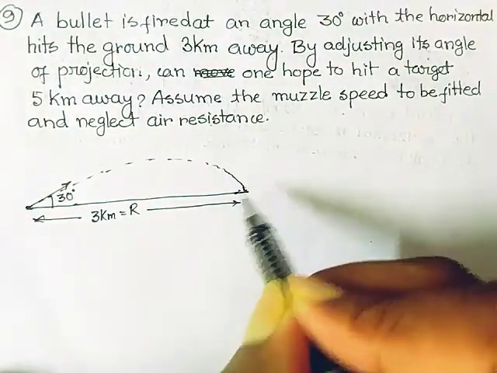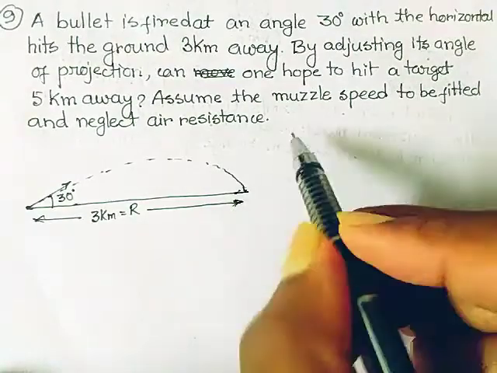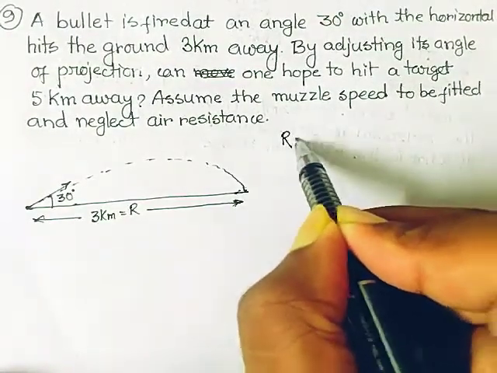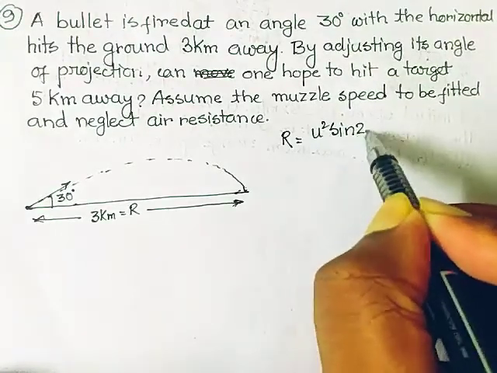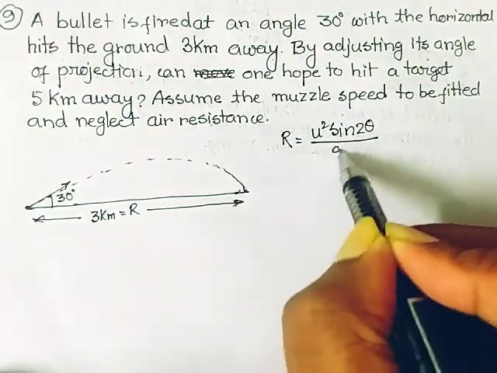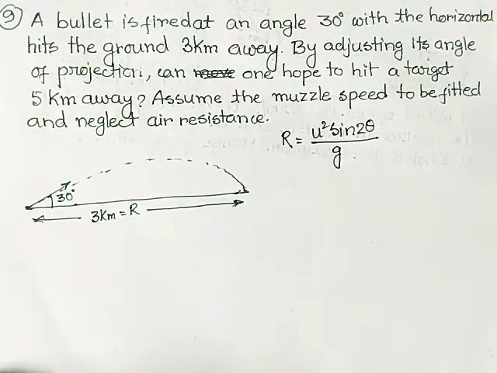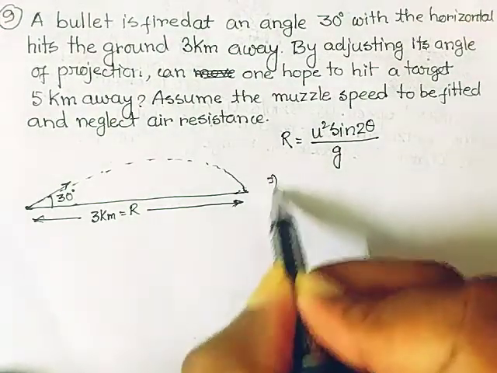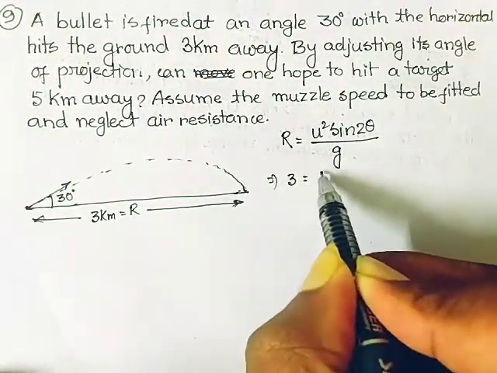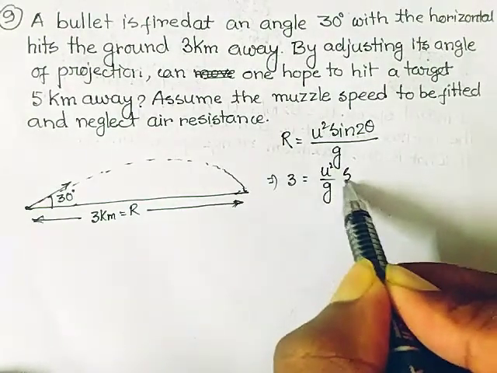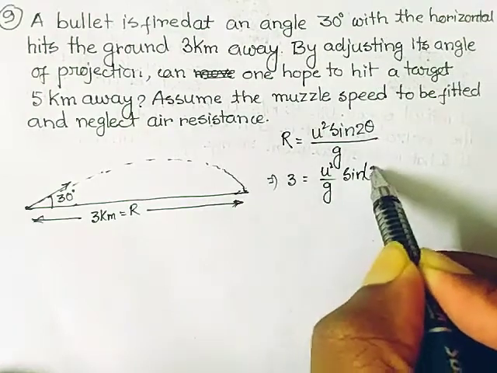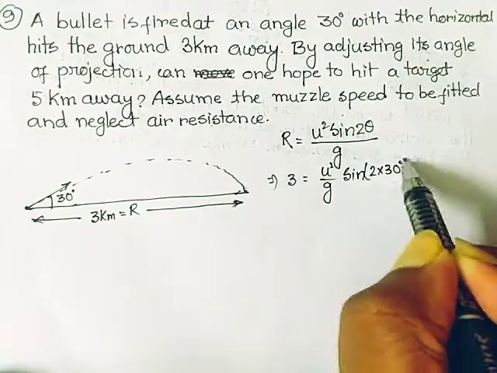Okay. So equation of the range is R equal to u square sine 2 theta divided by g. Range is 3 km. U square divided by g, sine 2 theta, that is 2 into 30 degree, that is sine 60 degree.